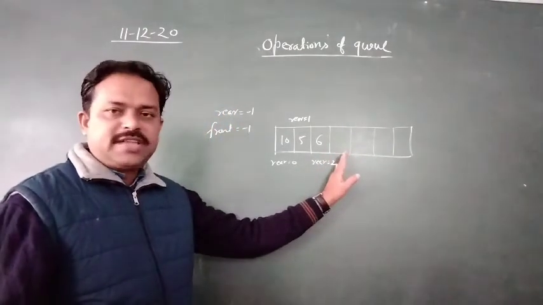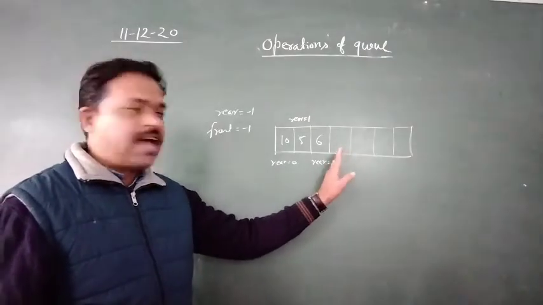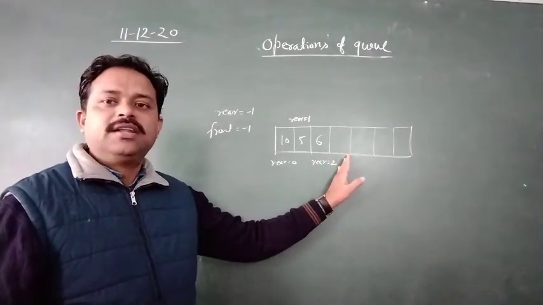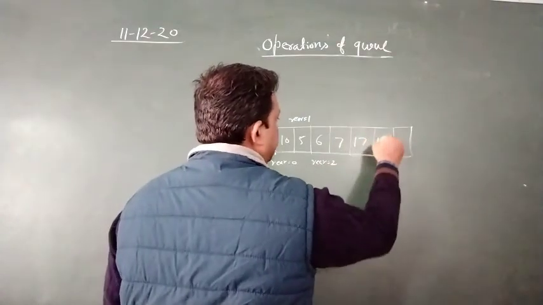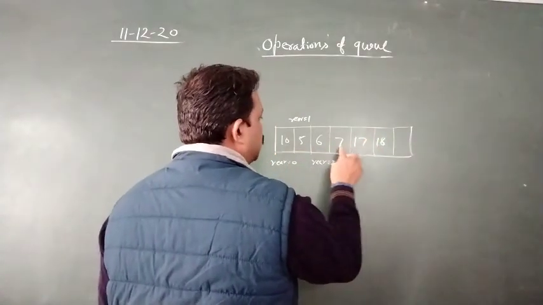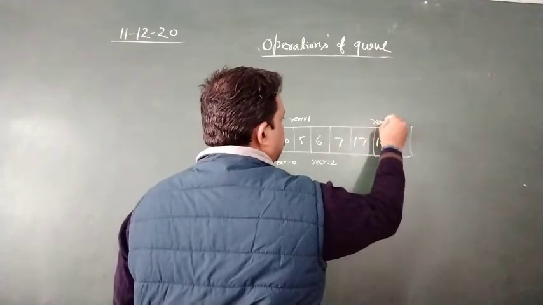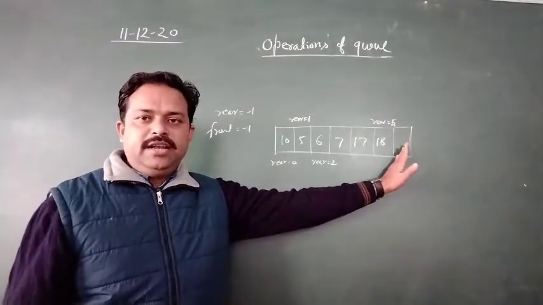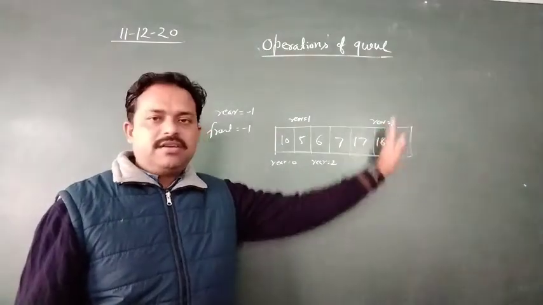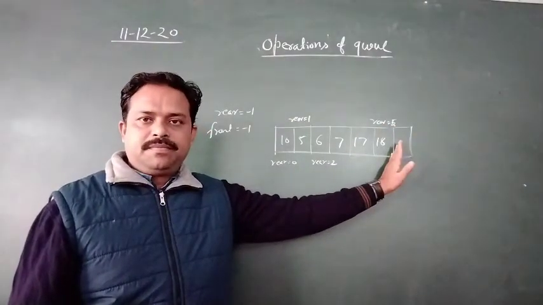When rear is 2, it means that 3 elements have been inserted. Like that, 7, 17, 18. So 0, 1, 2, 3, 4, 5. Elements are present till rear is 5. Clear?